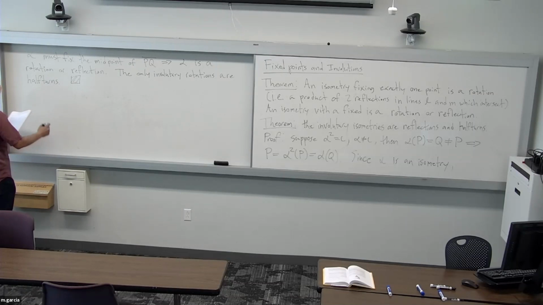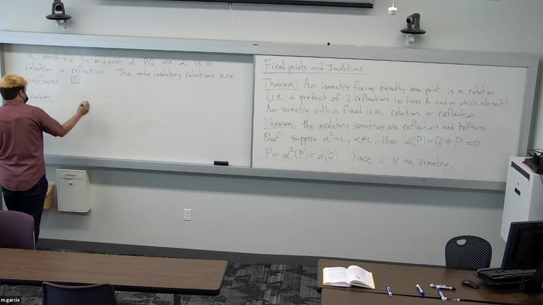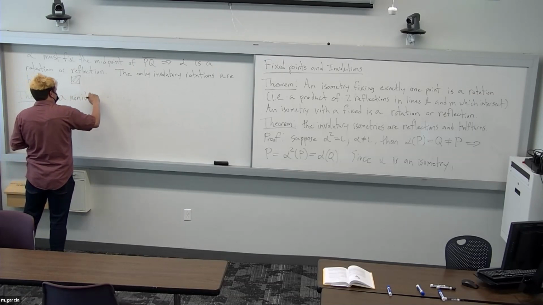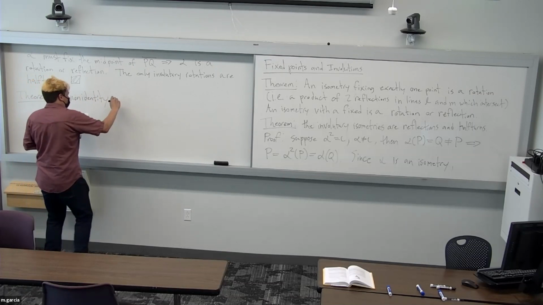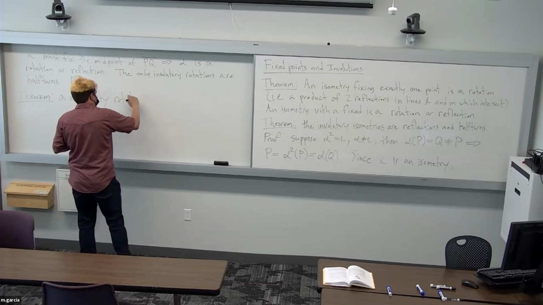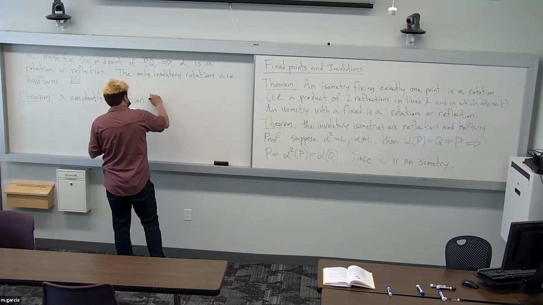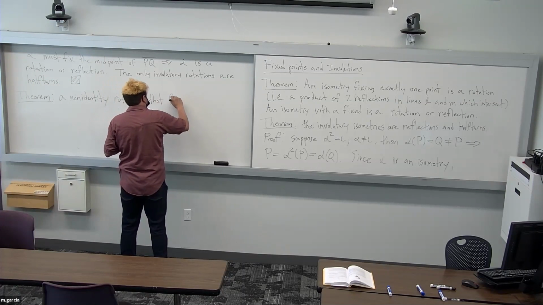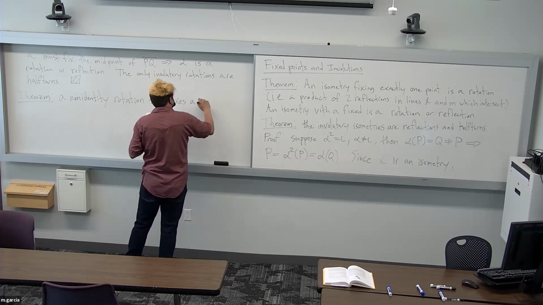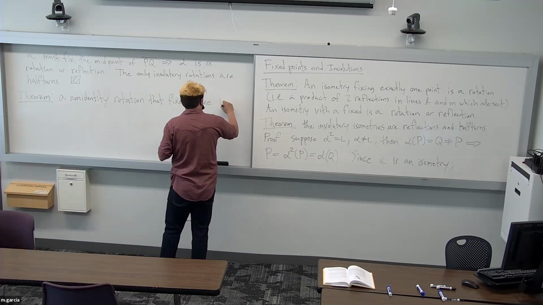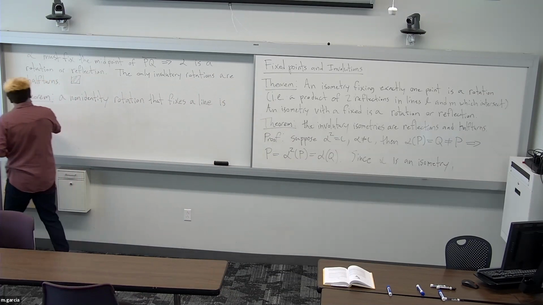So, furthermore, a non-identity rotation that fixes a line is a half turn.